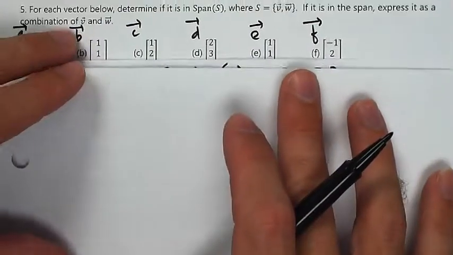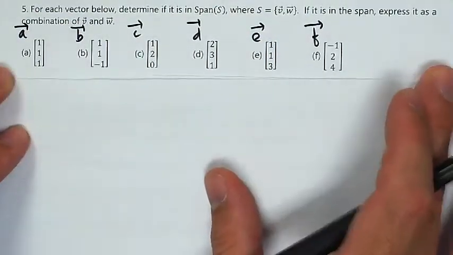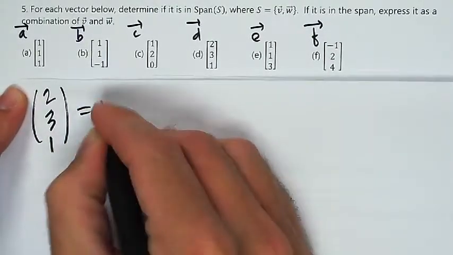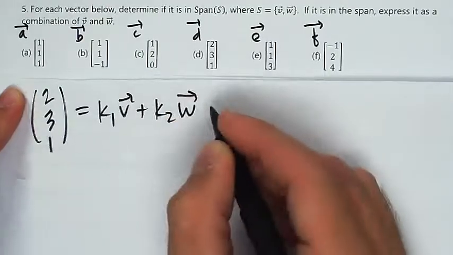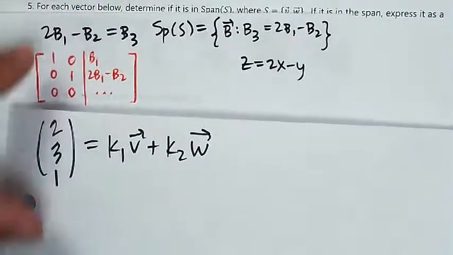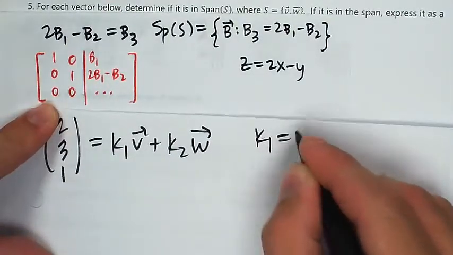All right, so D is evidently also a yes. That's 2, 3, 1. So we want to find out 2, 3, 1 equals some number of V's plus some other number of W's. Using my cheat sheet over here, K1 is equal to B1, so K1 equals 2.